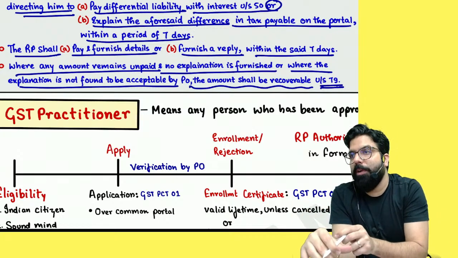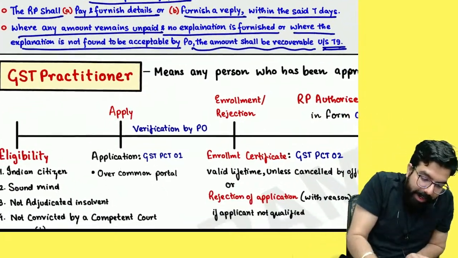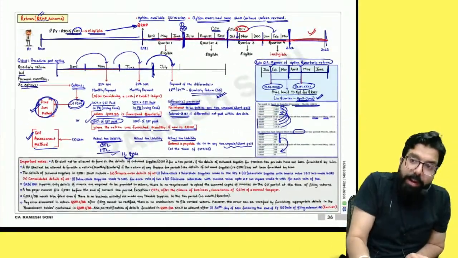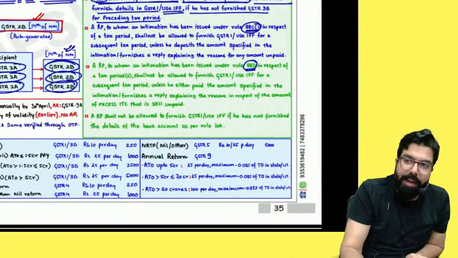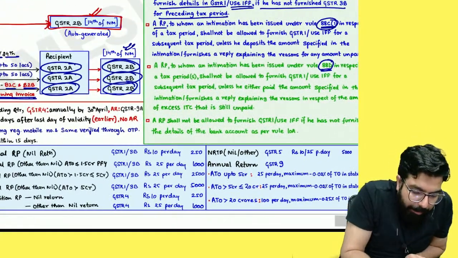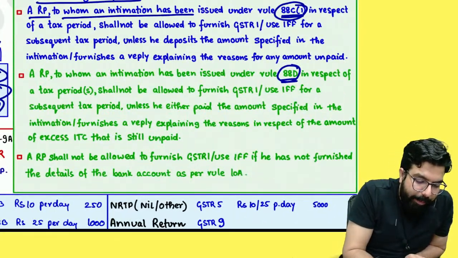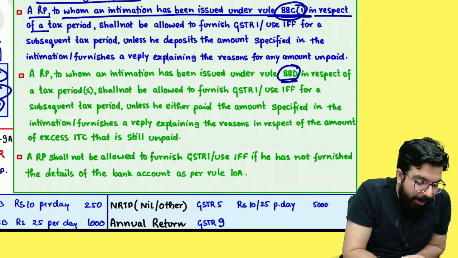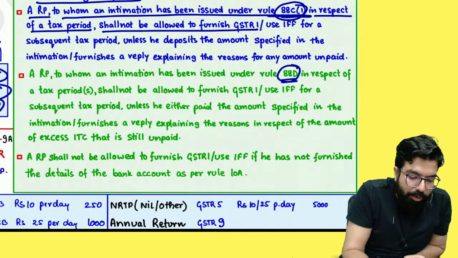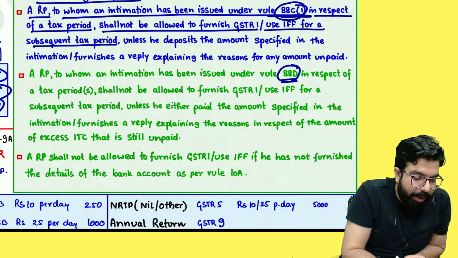And you know what, everyone? If rule number 88C comes, wherein you have been given one intimation, they are telling over here, come to the first page: a registered person to whom an intimation has been issued under rule number 88C in respect of a tax period shall not be allowed GSTR 1 or IFF for a subsequent tax period.